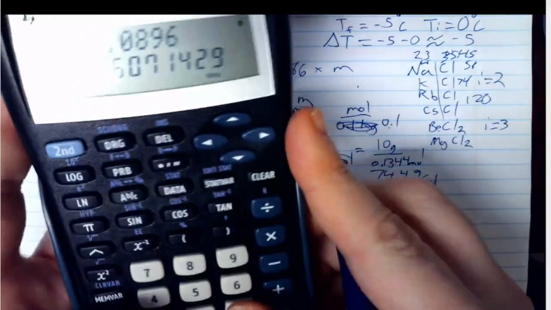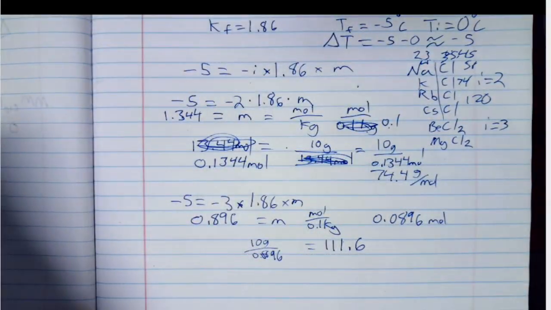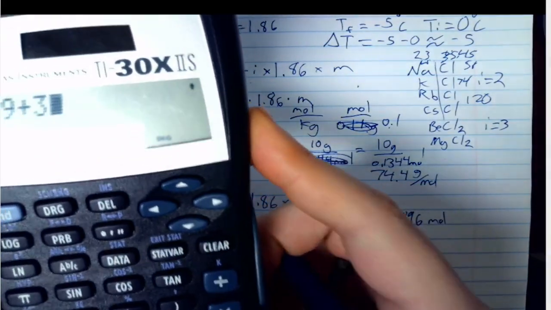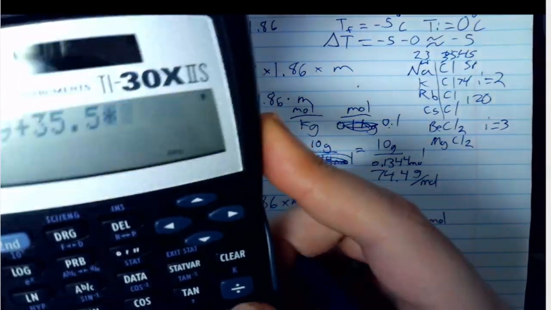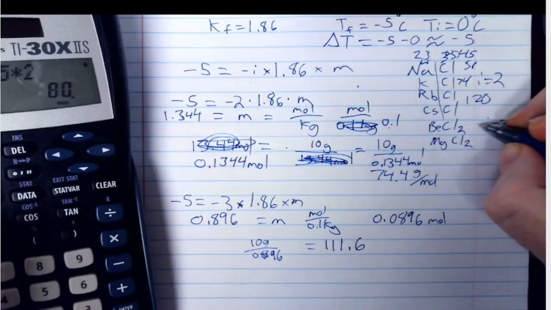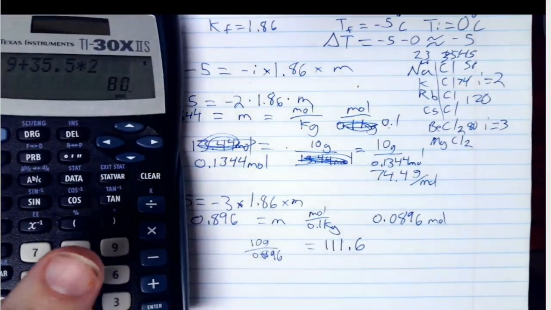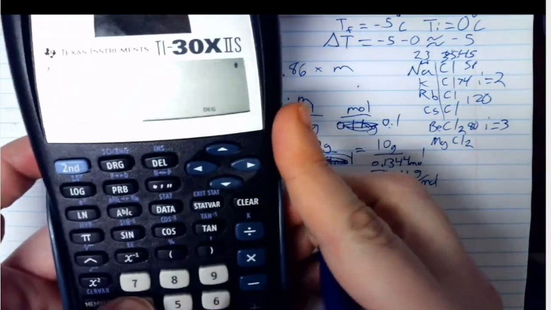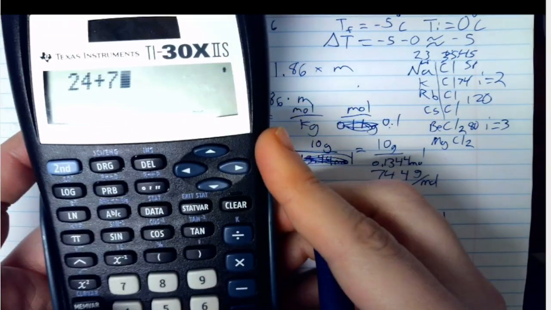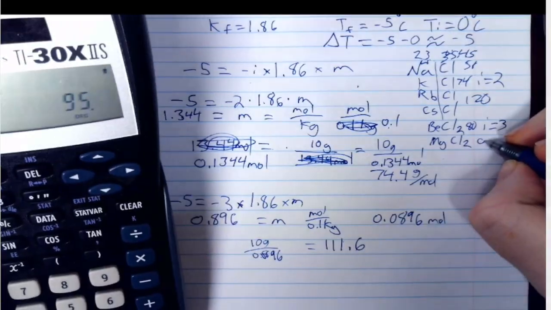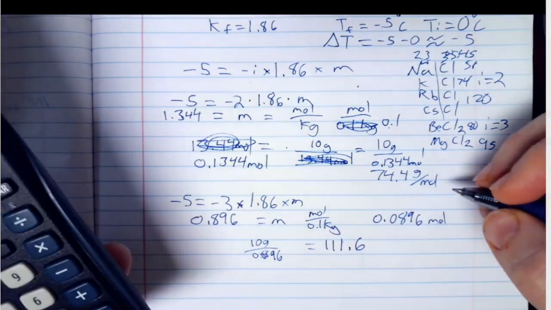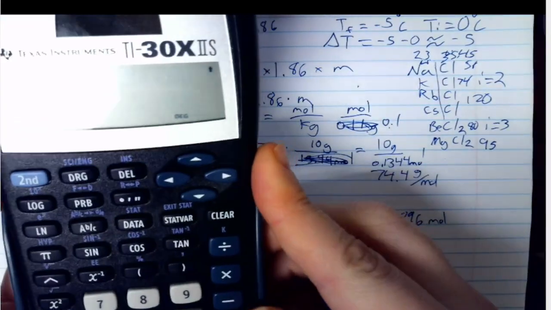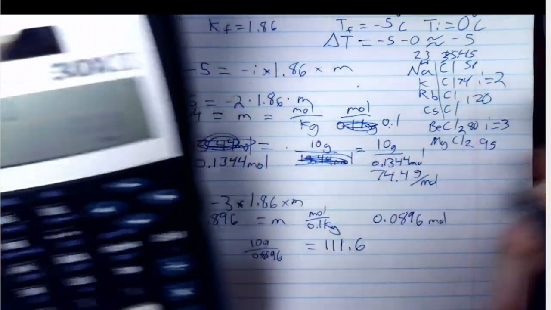Now, let's see if any of those would work. Beryllium is 9. So 9 plus 35.5 and double it. So that's 80. That's not going to work. The next one down is magnesium at 24. 24 plus, we'll just say 71. 95, getting closer. Calcium is 40. So 40 plus 71.